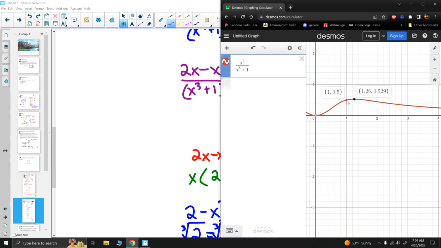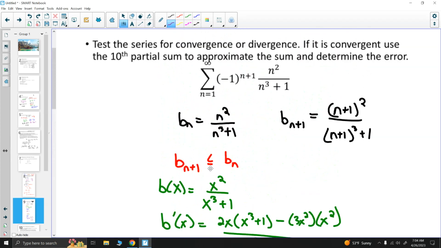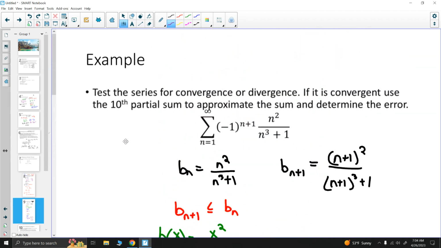Technically at 1 we're at 0.5, so 1/2, and at 2 we're down. So even though it's increasing a little bit, by our calculations 1, then 2, then 3, then 4, it still is decreasing the whole time. But that's not really all that important. What's really important is that we are decreasing at some point until infinity.